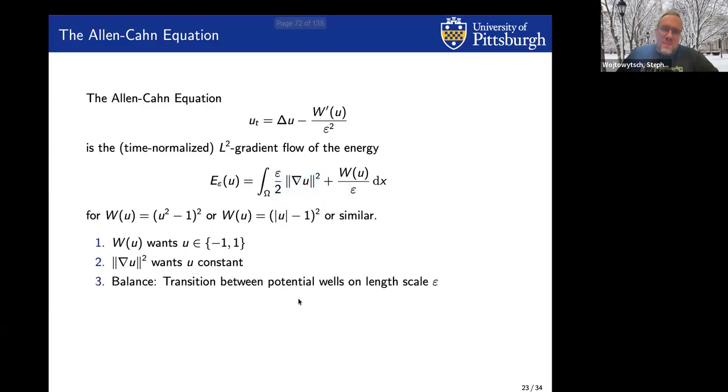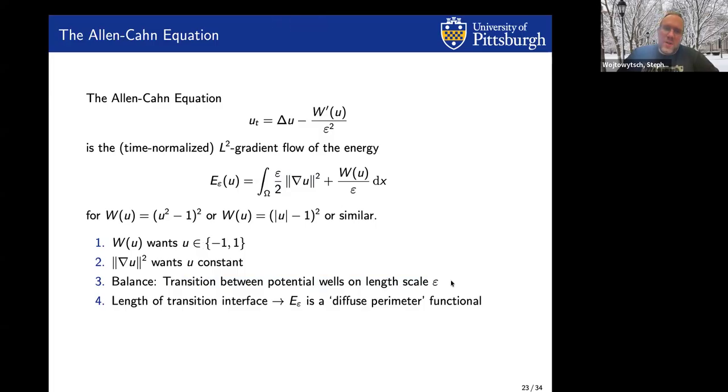So if you do the analysis and you just try to balance things, then you see that what happens is that the function u should be pretty much constant, except for transitions from one potential well to the other, and those transitions happen on the length scale epsilon.